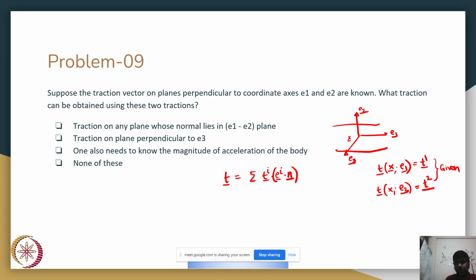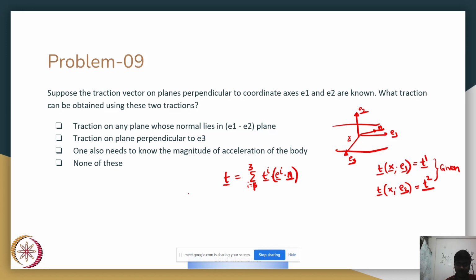If you want to calculate traction at a point x in a given plane whose normal is given by n, then you simply need to find the sum T1i into E1i dot n. Now we know the values of T1 and T2. We are asked for what sort of n can we calculate these values.